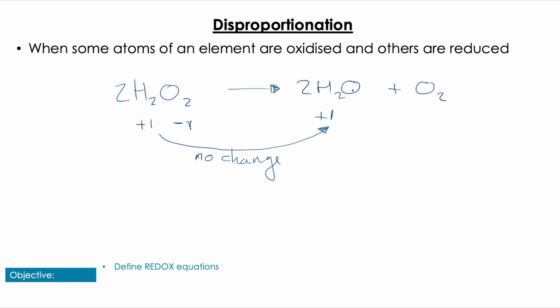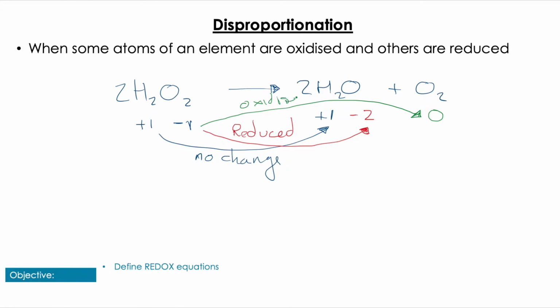So we have a -1 oxidation state, but in the water, it goes to -2. So that's fine. We can see that's a reduction. And if we look at the oxygen produced, oxygen obviously has an oxidation state of 0, so that is oxidized. That means that some of the oxygen atoms are being oxidized and some are reduced, hence disproportionation.